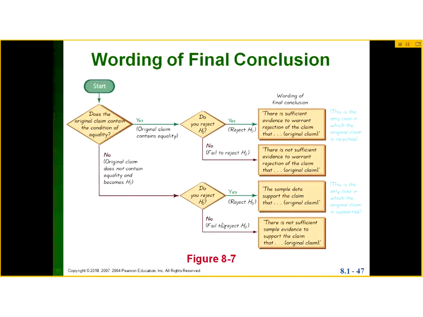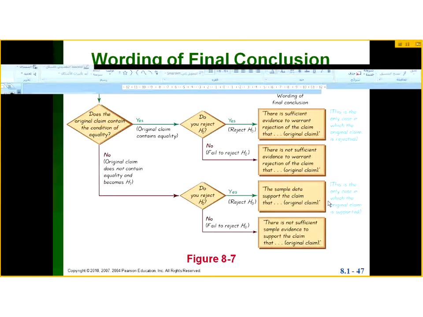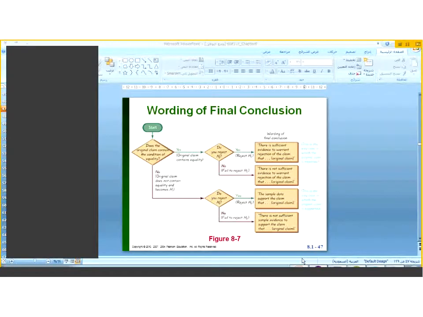If I can't reject H naught, or fail to reject H naught, does the data support the claim? No, there is not sufficient sample evidence to support the claim that. Of course, this is the only case in which the original claim is rejected, and this is the only case in which the original claim is supported. Clear?